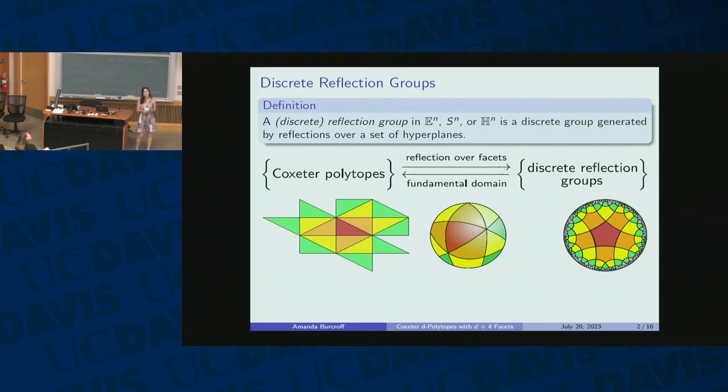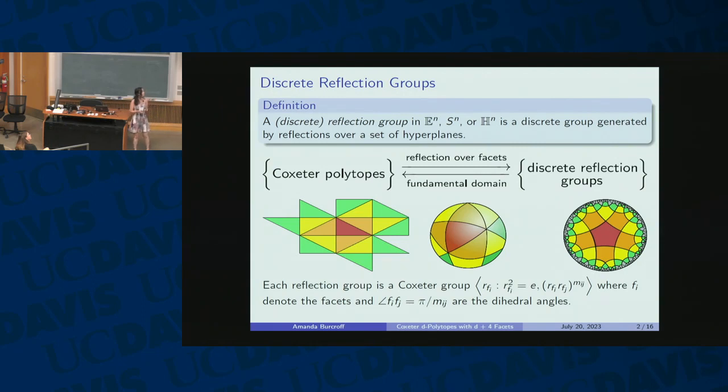As you might expect, these reflection groups are going to be Coxeter groups, where the order of the product of two of the generators is going to be the denominator of the dihedral angle corresponding to the intersection of those two facets.